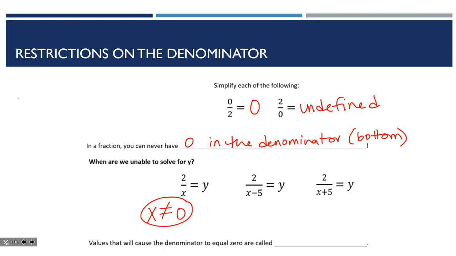How about this next one? You might be able to figure out off the top of your head what x can't be equal to. But remember, the whole denominator is not allowed to be equal to 0. So it's not just that x can't be equal to 0, x can't be equal to 5, right? Because 5 minus 5 is 0.